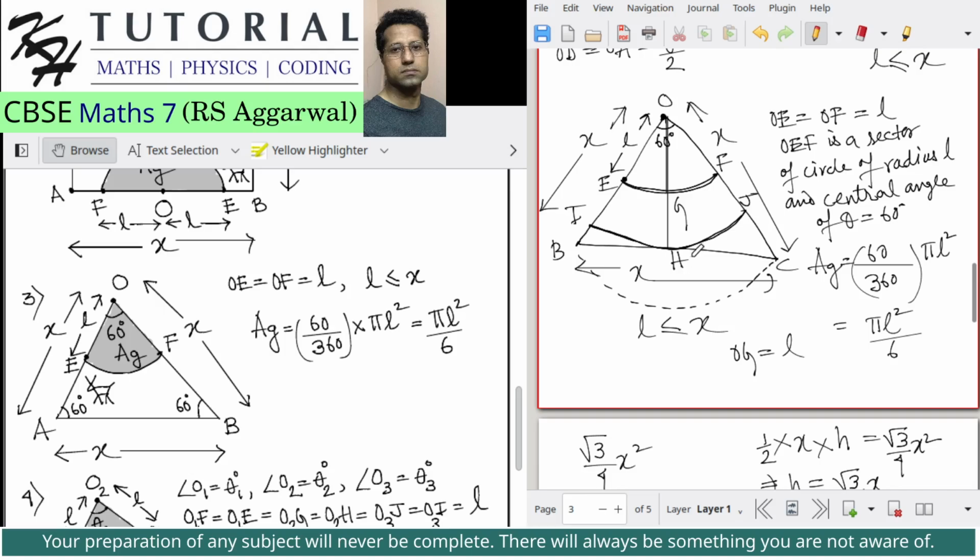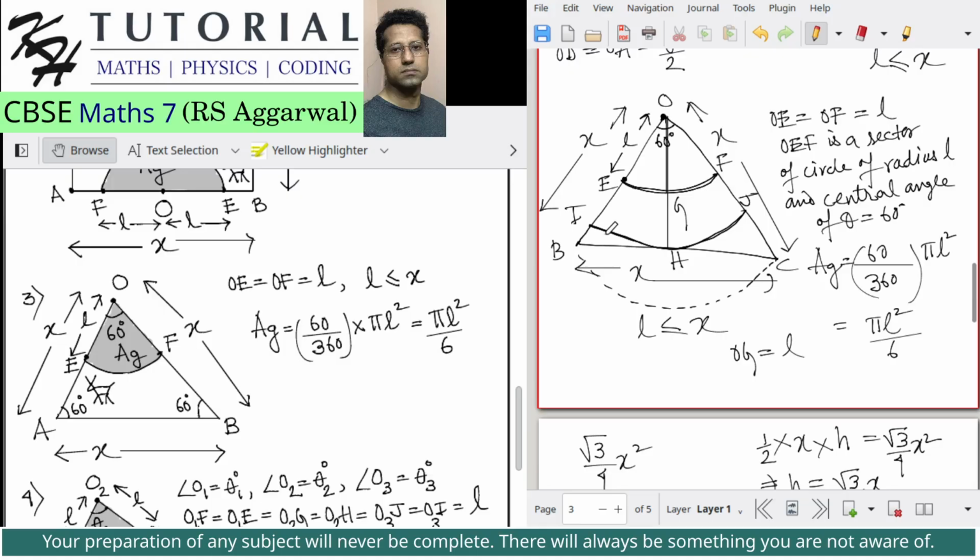So a question could be asked that in this scenario, there is an equilateral triangle of side length x, and an animal is tied at one vertex, let's say O, and you are asked what will be the length of the rope such that the area over which the animal can graze will be inside the triangle, maximum area.